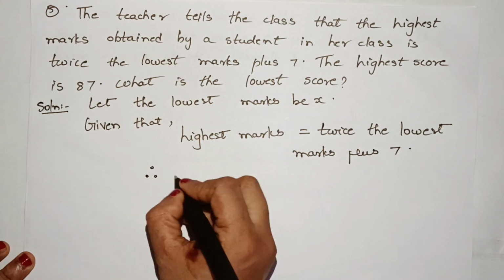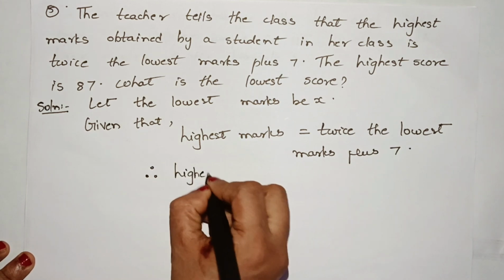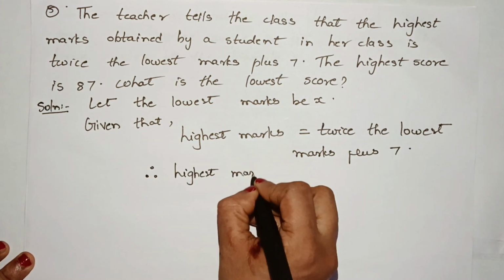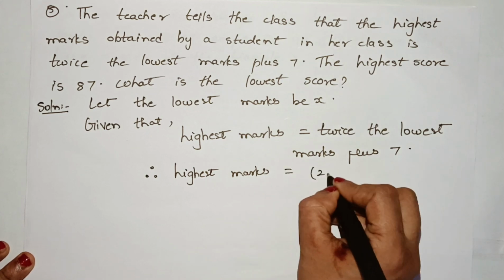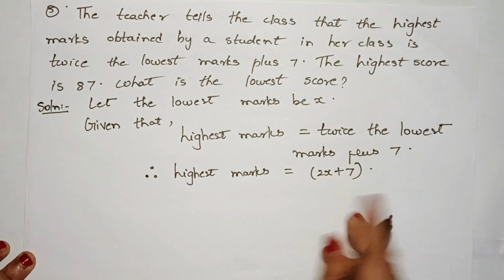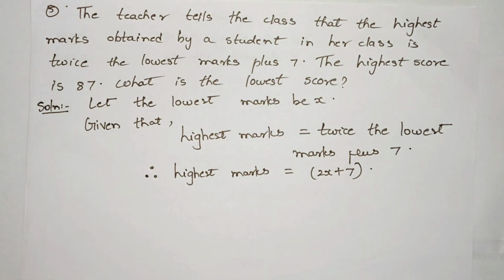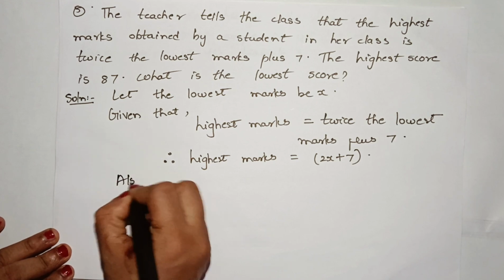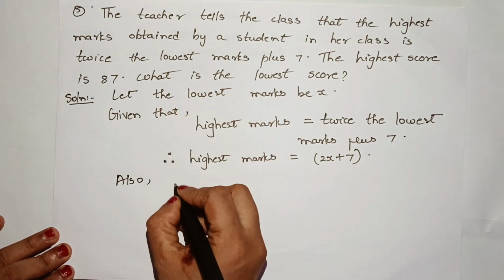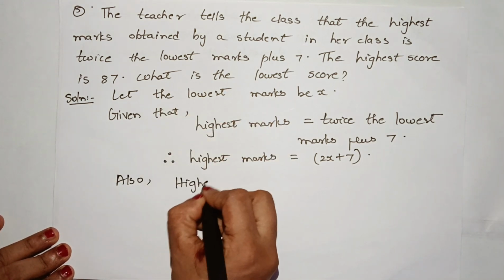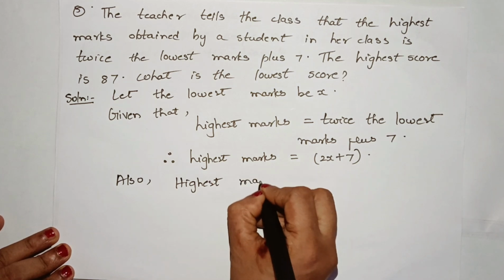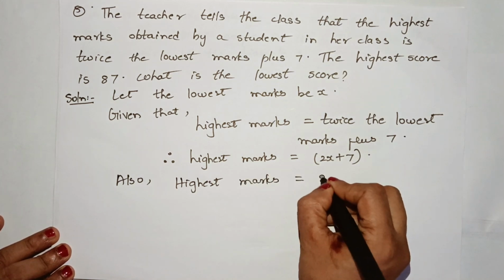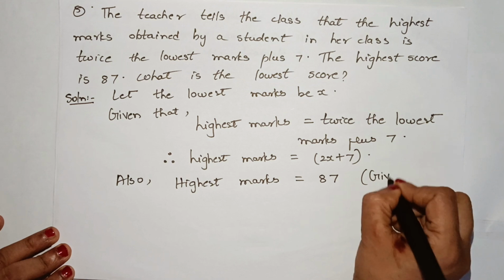It means what? Therefore, highest marks 2x plus 7. Also, what is given in the question? Highest marks equals what? 87. So this is also given.